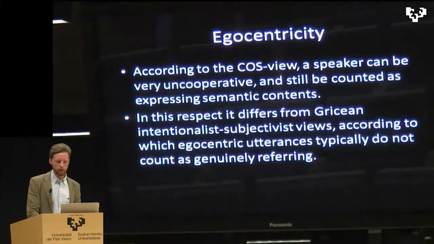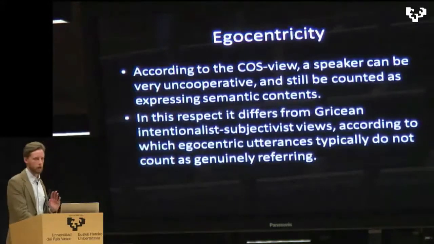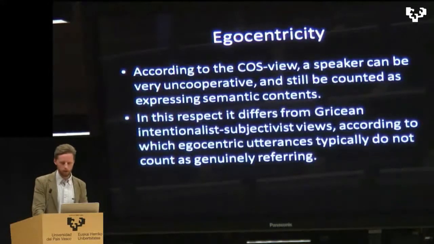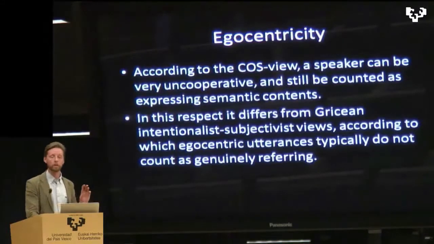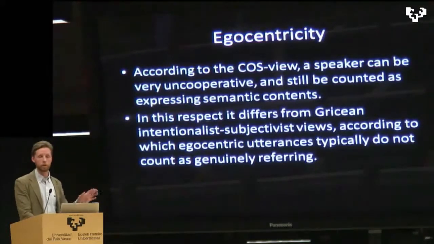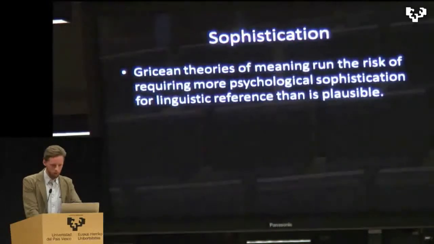So you take genuine referring to require that you have a communicative intention. I reject that idea. I think that you can have very uncooperative, uncommunicative, egocentric speakers, which can still count as expressing semantic contents. And so we should allow their conceptions of situation to determine context indices as well. That's fine, on my view.